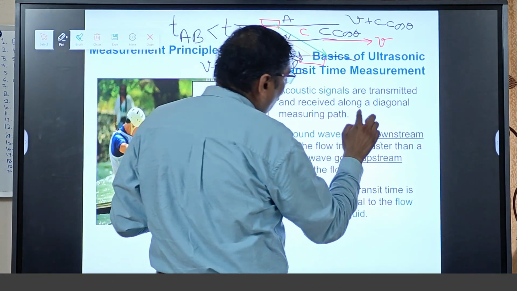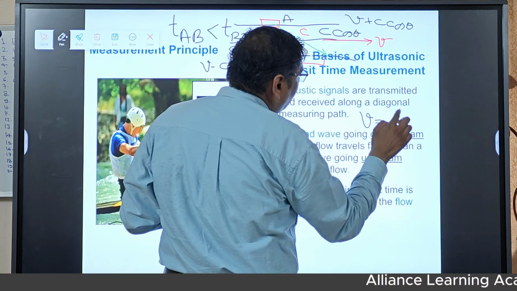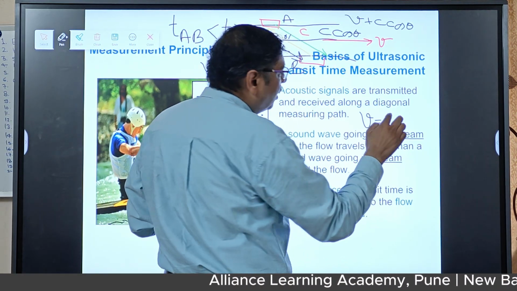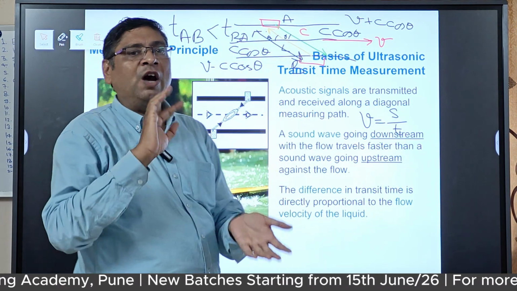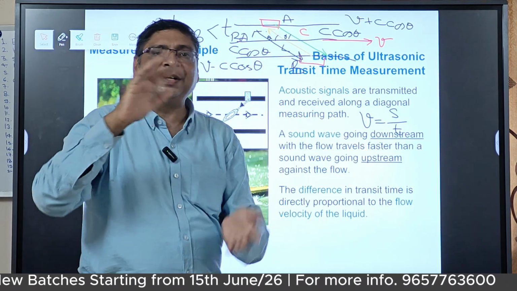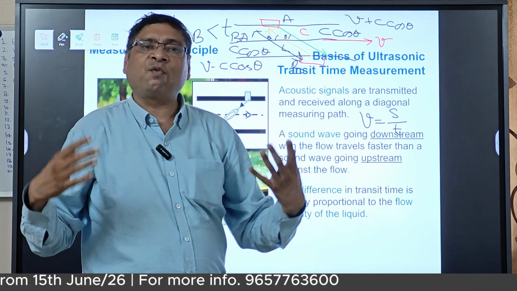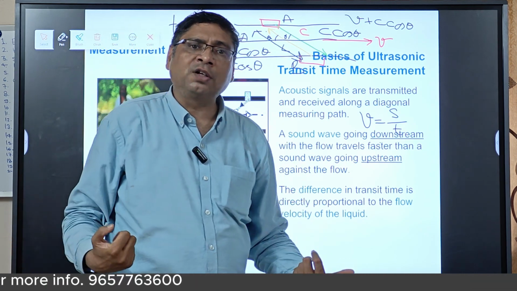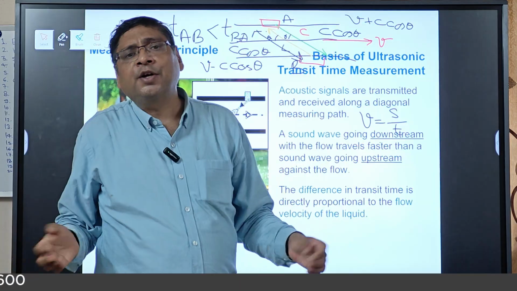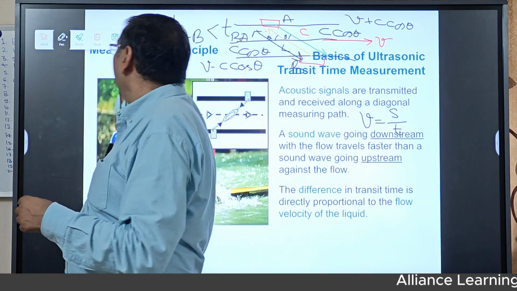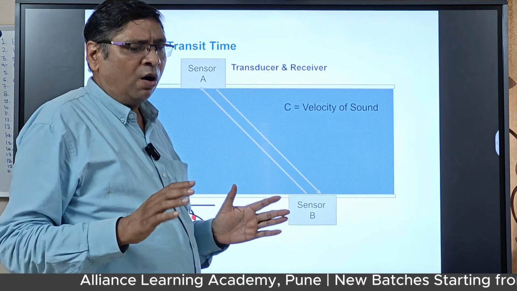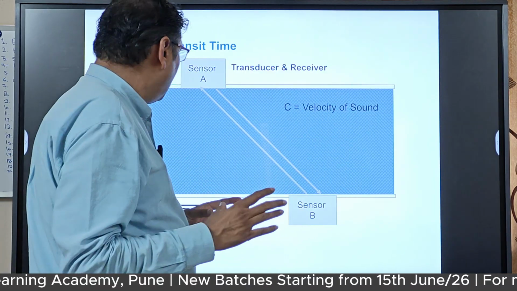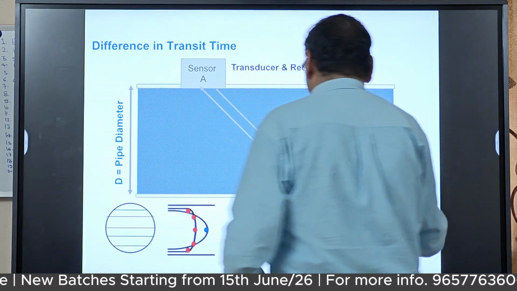Then we use the formula V equals S by T for both paths, A to B and B to A, and we get the velocity. Then things are simpler: Q is equal to area into velocity. Got it? Now I want to show you how it's happening.